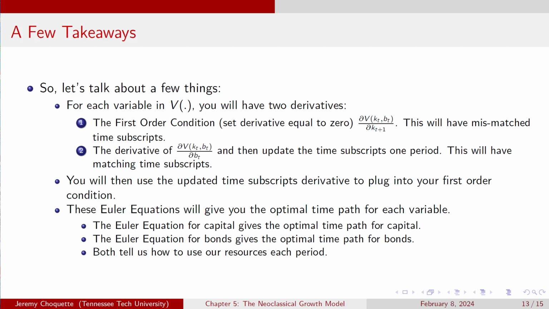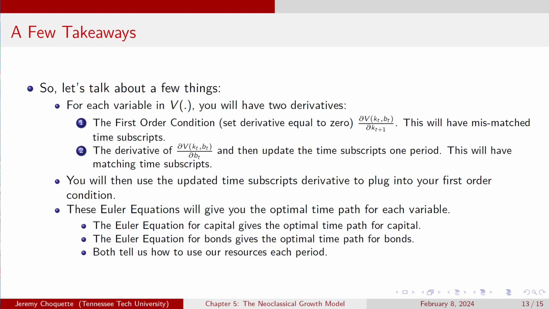For each variable in, say, v of dot, where dot is your set of arguments, you'll always have two derivatives. The first is that first order condition. You take the derivative of v of whatever your arguments are with respect to the argument in period t plus 1 and set that equal to 0. Now that gives you mismatched time subscripts.